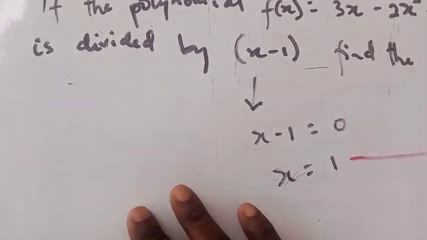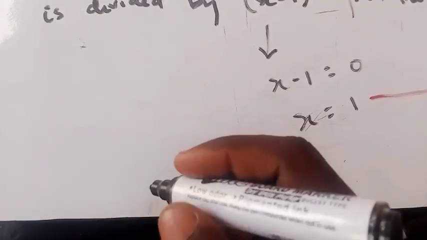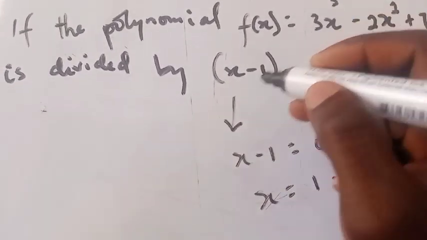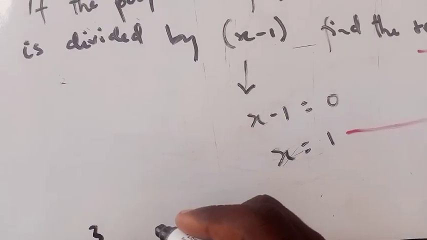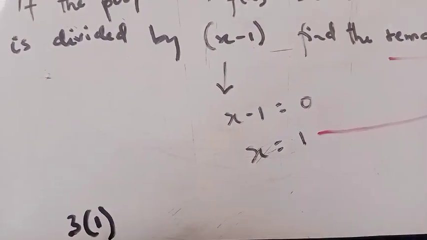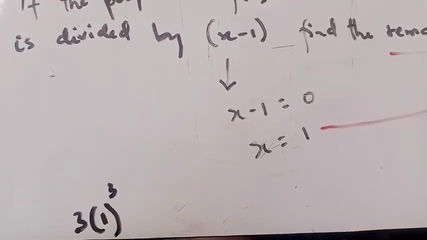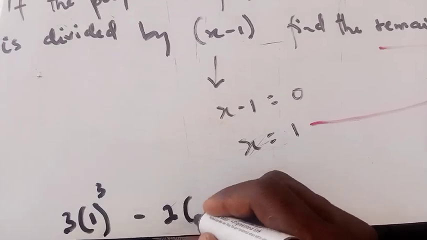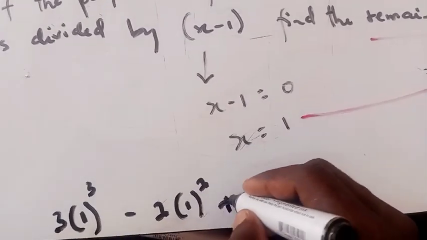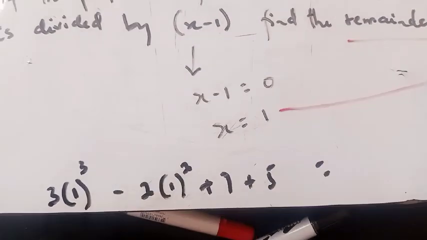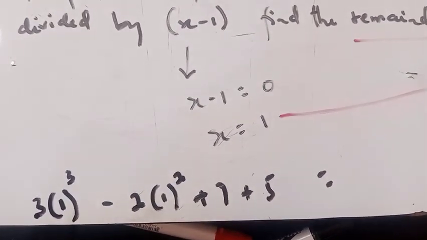So we have this 3, and then our x here is 1. Make sure that you put everything into brackets: 1 exponent 3, and then minus 2, and then x is 1 squared, plus 7, and then plus 5.